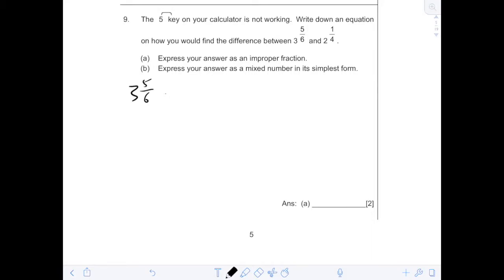The difference will be this one minus 2 and 1 over 4. If the 5 isn't working, you just need to get rid of the 5 by changing it to another number. In this case, I'm going to multiply both the top and bottom by 2. You get 10 over 12. Then you minus 2 and 1 over 4. Simple as that.